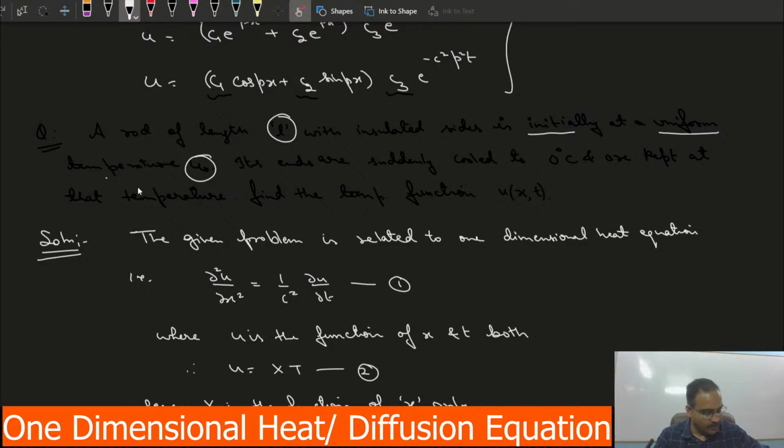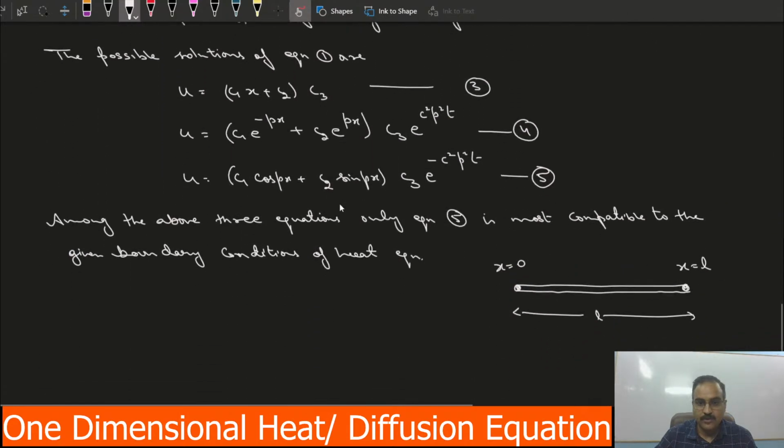Its ends are suddenly cooled to 0 degrees Celsius, and both ends are kept at that temperature. Find the temperature function.